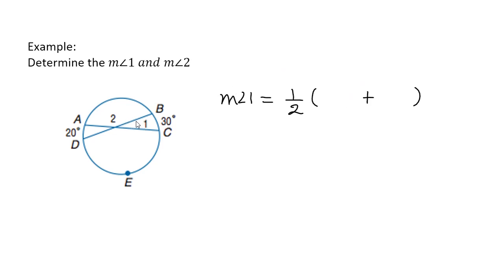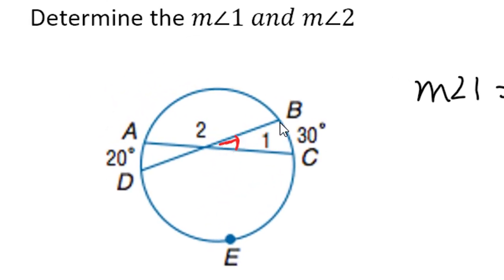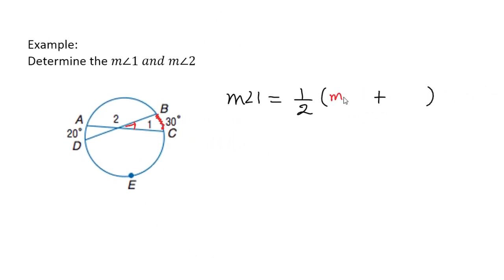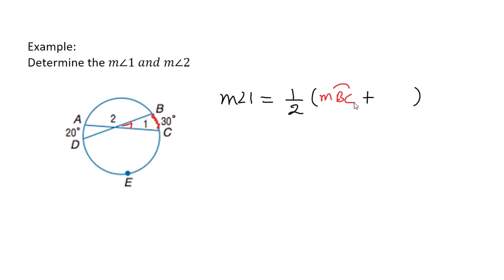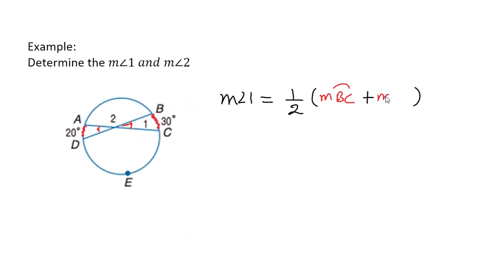So angle 1 is over here, and that angle intercepts arc BC. So I need the measure of arc BC, and I also need the measure of the arc the vertical angle intercepts, meaning that I need this arc over here. So I need the measure of arc AD.